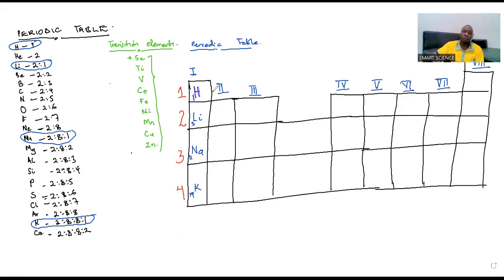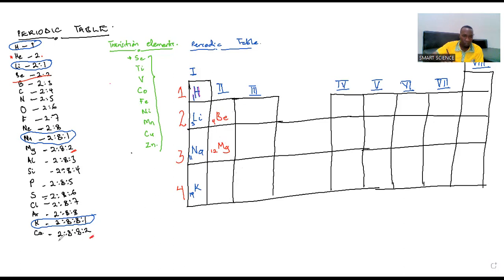From there, I'll look for elements which belong to group 2. Helium has 1 shell which is fully filled, so it cannot be in group 2. I'll begin with beryllium, which I'll put in period 2, simply because it has 2 shells. I'll meet magnesium with an atomic number of 12, placing it in group 2, in period 3, because it has 3 shells and 2 outermost electrons.